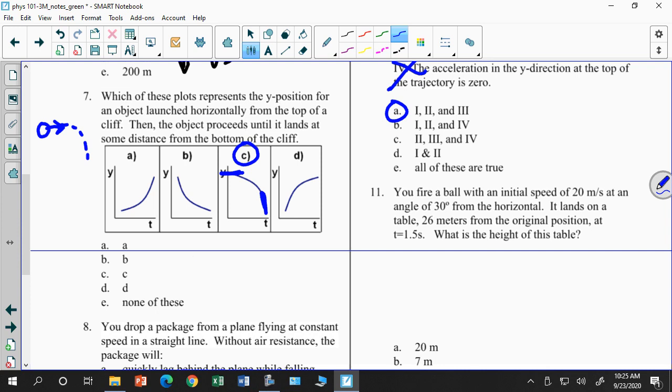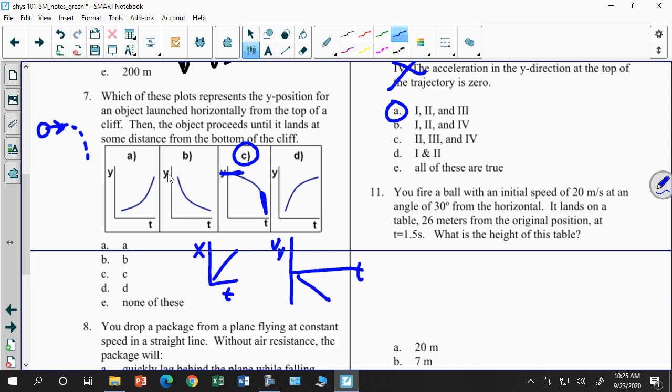If I were to plot x versus t, it has a constant velocity, so it's going to look like that. The slope of that graph does not change. It has a constant positive velocity in the x direction. If I were to plot Vy versus t, it would look like this.